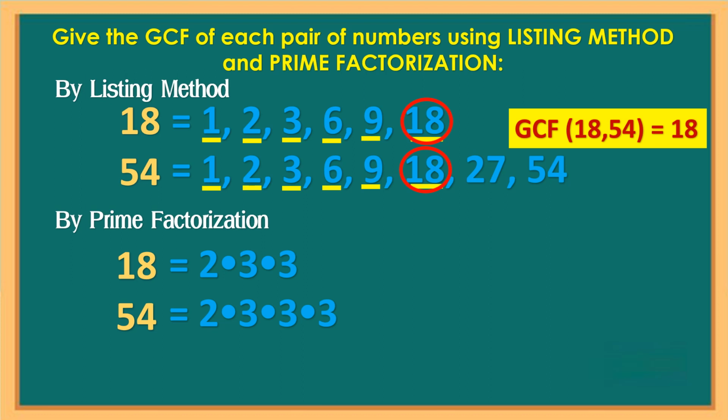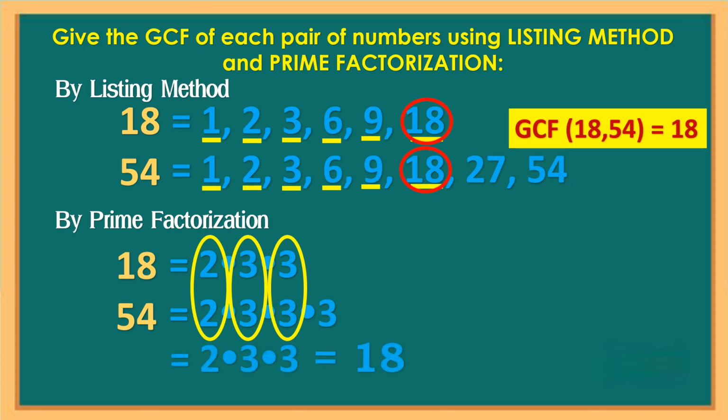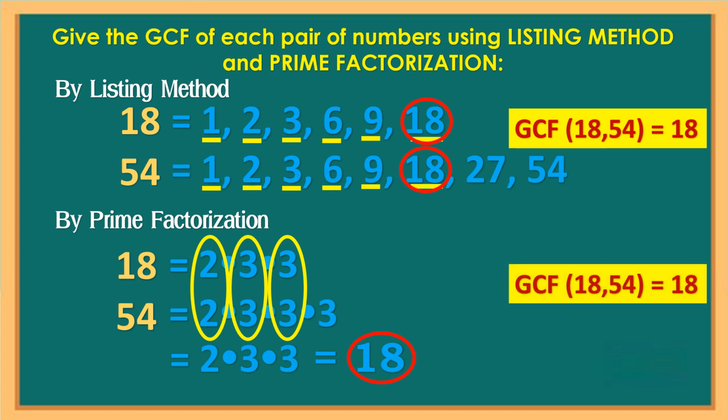Then, put down the common. So we have 2, 3, and 3. When we multiply these three numbers, 2 times 3 is 6 times 3 is 18. Therefore, the GCF of 18 and 54 is 18. We can also see that even if we used two different methods, we got the same answer, which is 18.